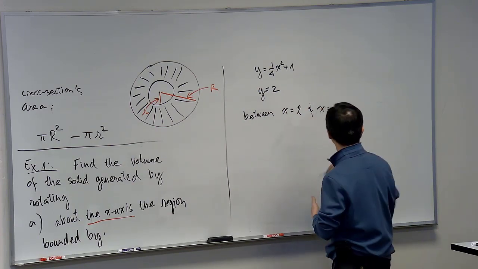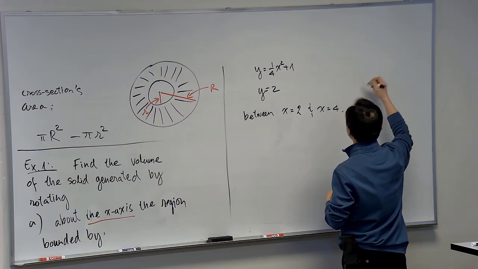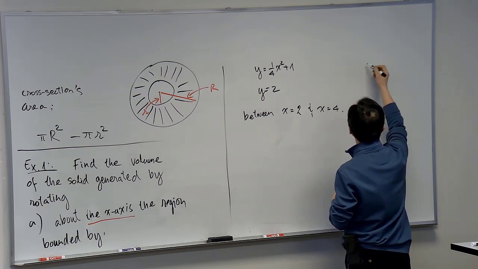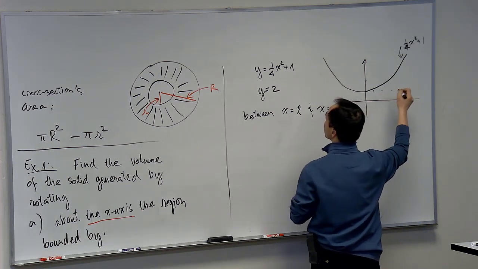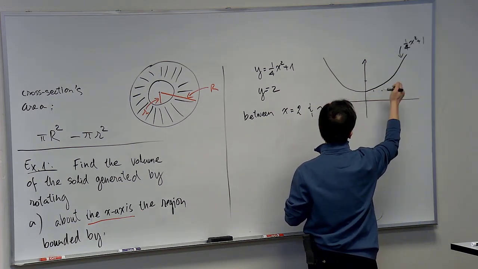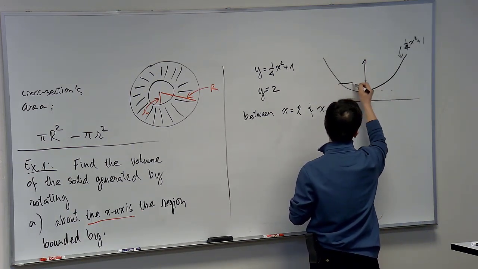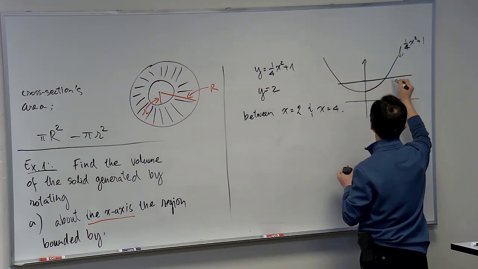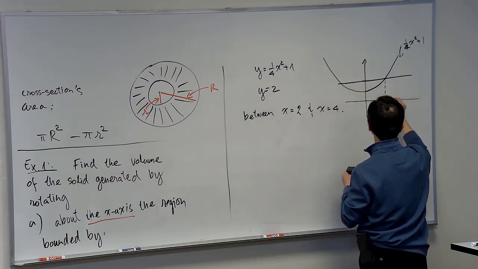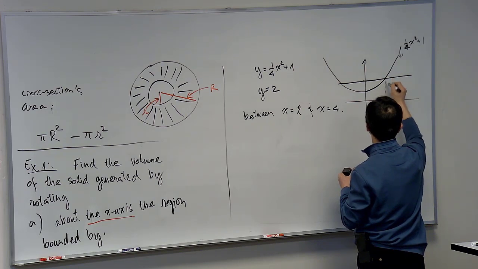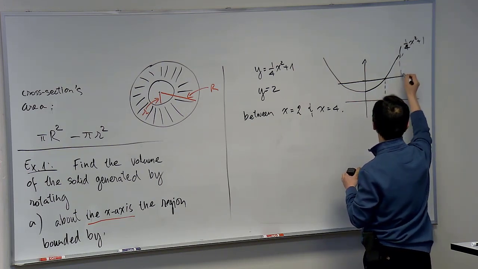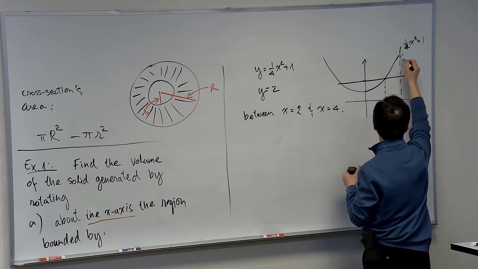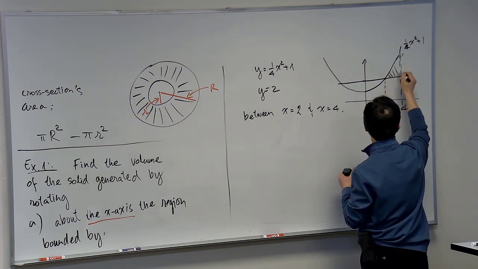I have to fit it into my small space right here. And then there's a line y equals 2, which is this line right here. So in between 2 and 4, that's the area.